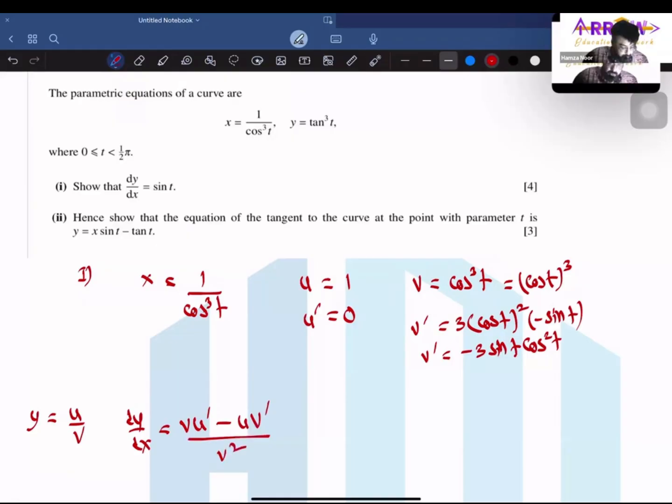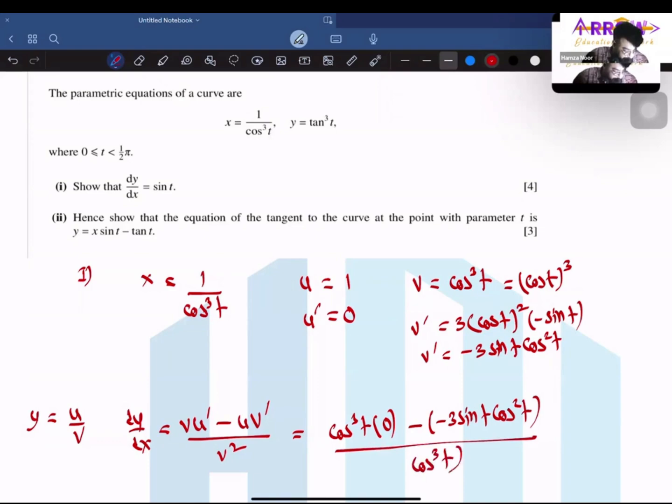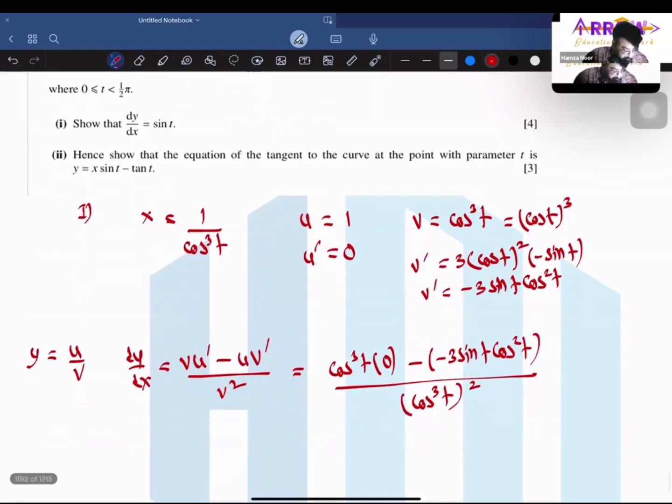This is also given to you in the formula booklet. So v times u dash is cos cube t multiplied by 0, and then minus uv dash will be minus 3 sine t multiplied by cos square t, completely divided by cos cube t whole squared. So far we have achieved this much.